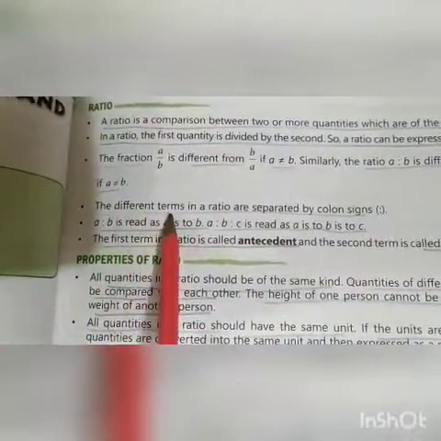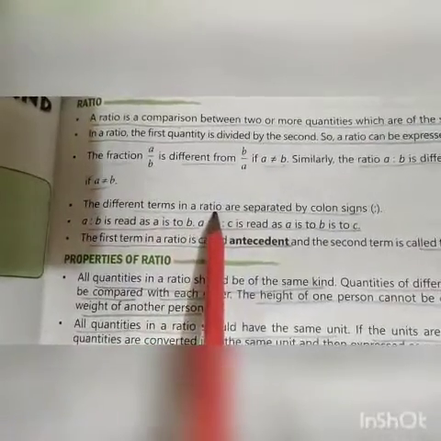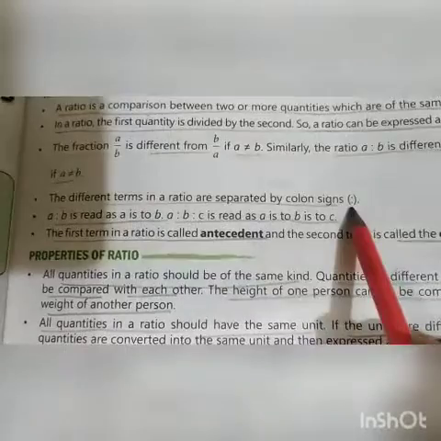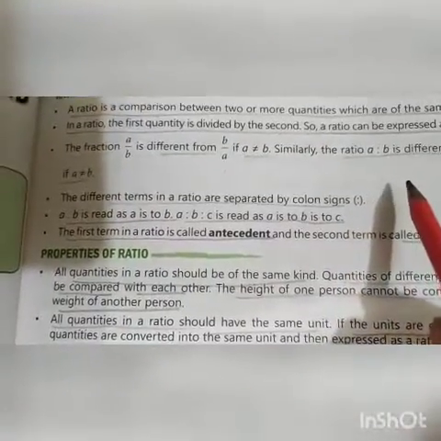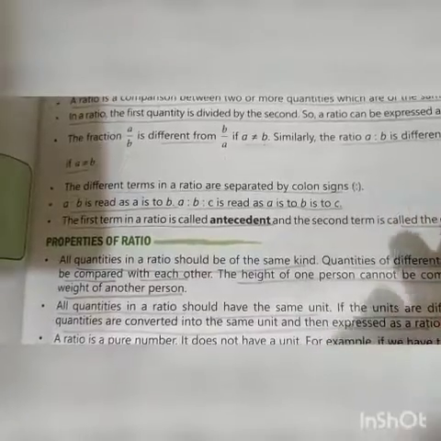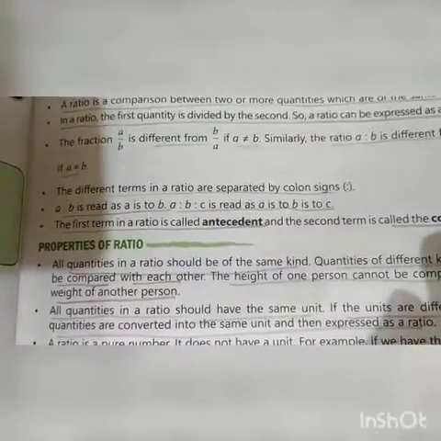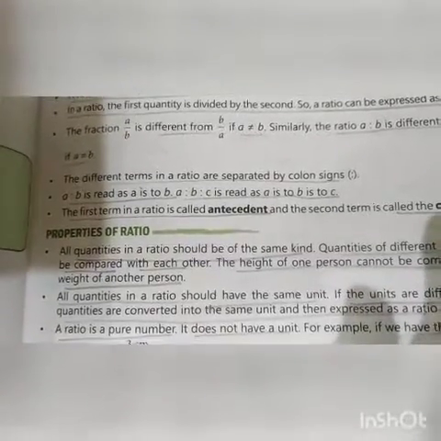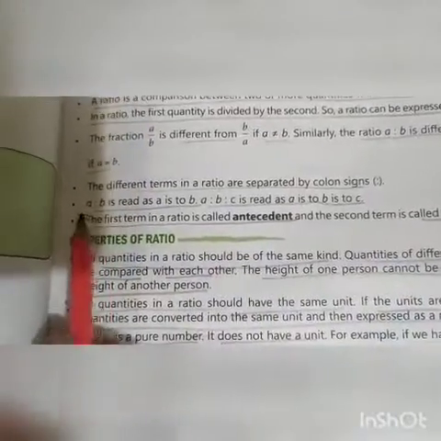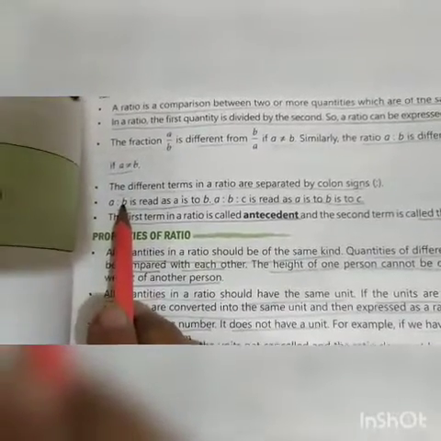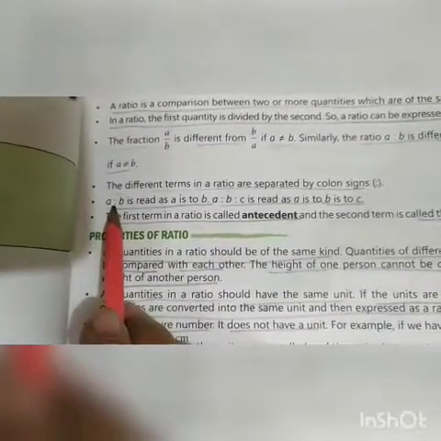The different terms in a ratio are separated by a colon sign, this sign. Students, I think you have also studied ratio in 6th standard, so all of you are familiar with ratio. How can we write a ratio? See here, A ratio B. This is the sign for ratio.